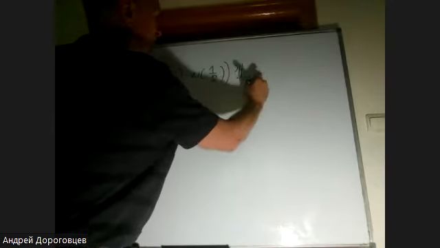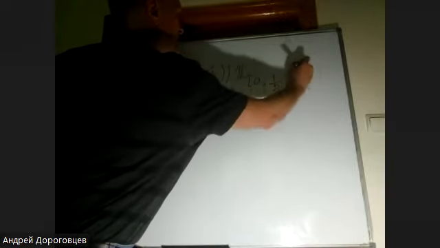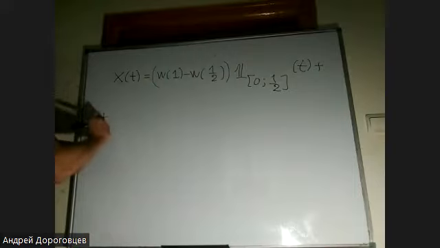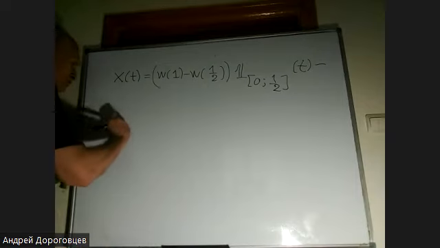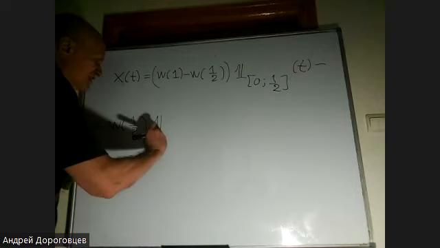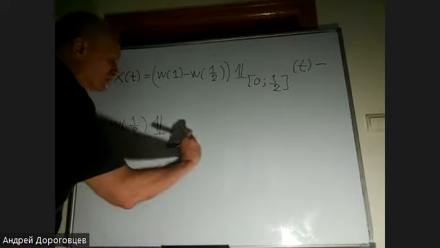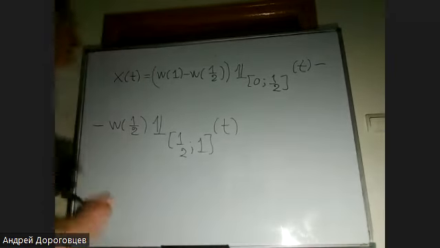Let me consider the following example. Consider the random function of the following type: X(t) is (W(1) minus W(1/2)) multiplied by the indicator of [0, 1/2] of t, plus W(1/2) multiplied by the indicator of [1/2, 1] of t.